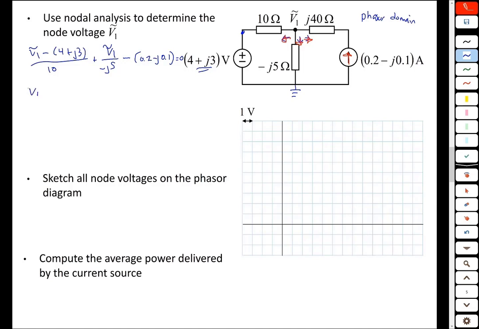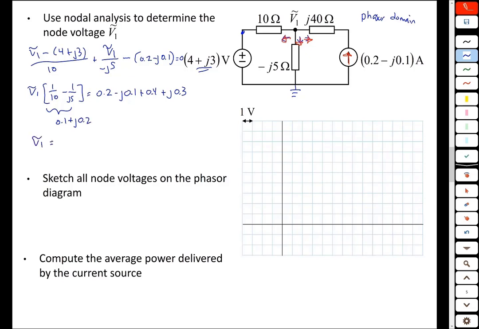Let's group all of the terms that have the V1 in them. So V1 times (1/10 minus 1 over j5). And move everything else to the other side. We get 0.2 minus j0.1 plus 0.4 plus j0.3. 1/10 minus 1 over j5, you work out that's 0.1 plus j0.2.